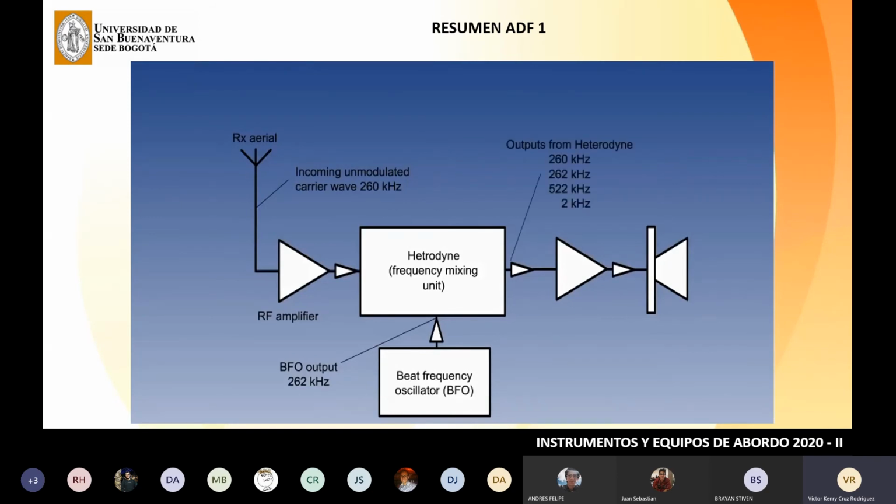The output comprises 4 signals: the 2 original signals, the sum of the 2, which is 522 kHz, and the difference between the 2, the beat frequency, which is 2 kHz. It is this 2 kHz signal frequency that is required, because it is in the audible range and so the Morse ident can be heard. On most modern aircraft, this BFO function is done automatically.